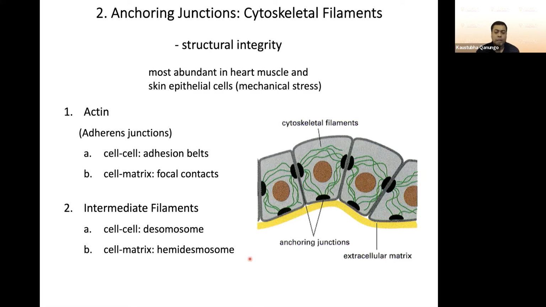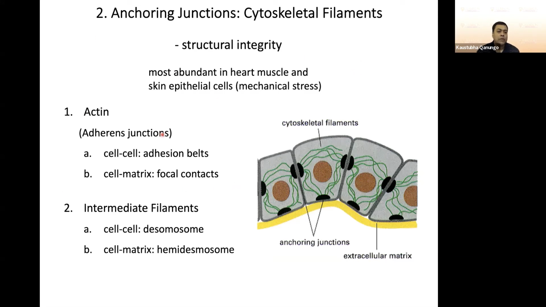They are present in the urethra. They are present in the ureter, which also flows the urine. And so anywhere you can see that there is mechanical friction or something which flows on top of these cells, you will have these anchoring junctions in abundance. They are always there in other structures as well, but they are in abundance in those areas.